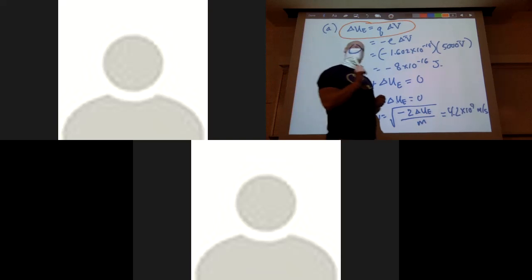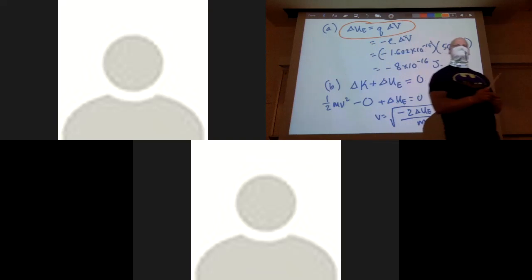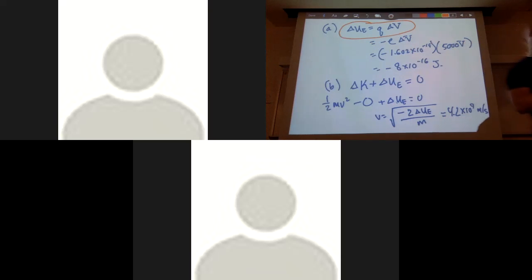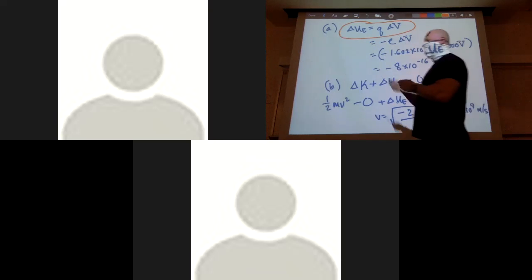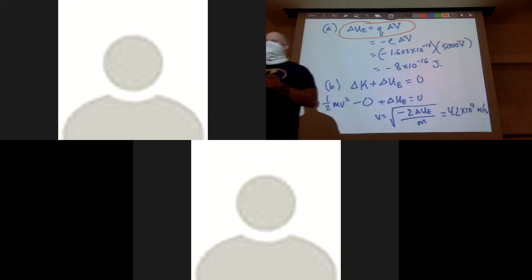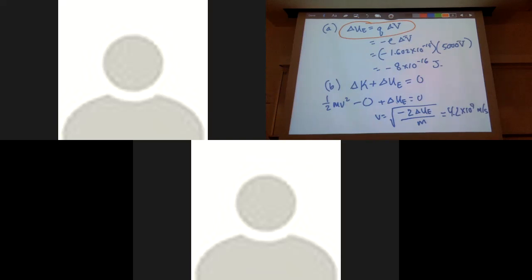Now, one thing I'll point out is that this expression is actually true regardless of whether the electric field is constant or not. Even if the electric field was non-constant, this expression is true: the change in potential energy is simply equal to Q times the change in potential.